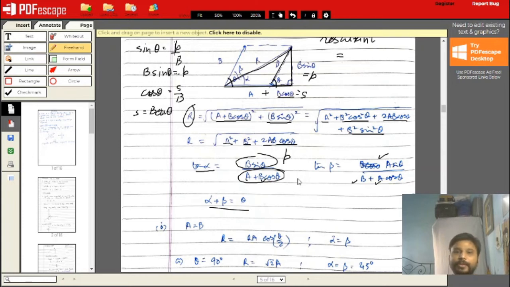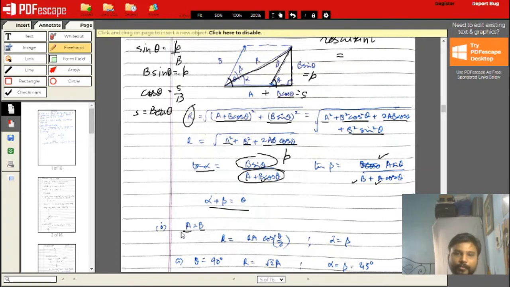That is, what happens if something special is given in the question, or something special is given in something we want to study. Let's say it is given that these two vectors A and B have the same magnitude.